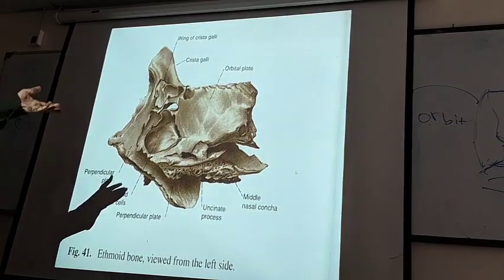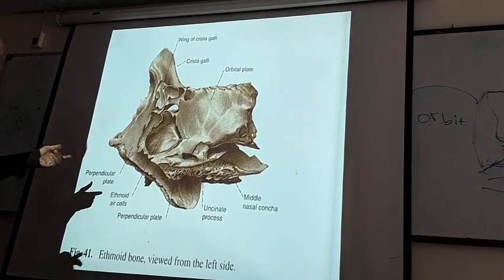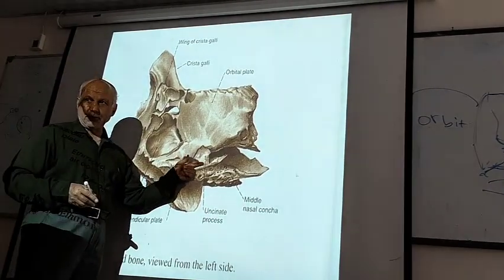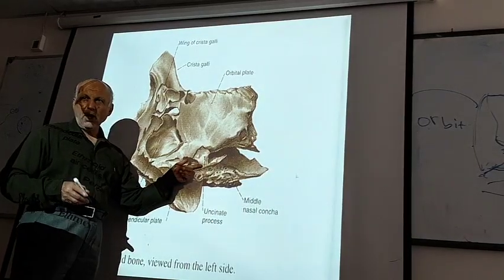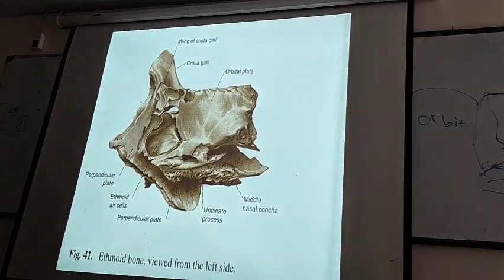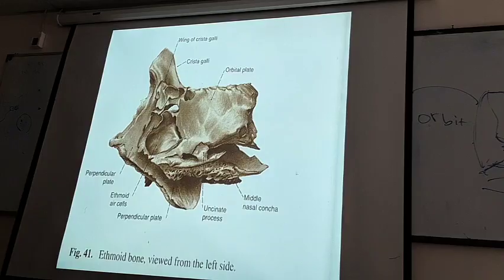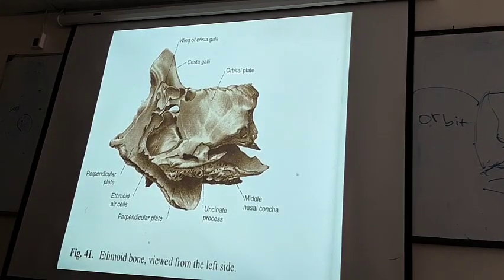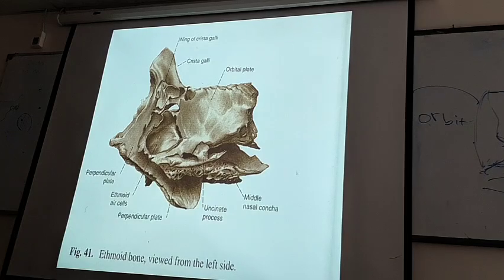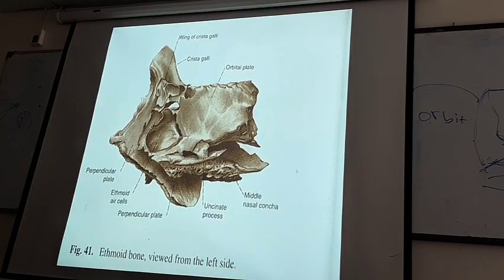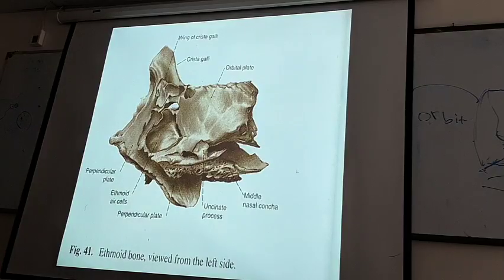Here we don't have any inferior nasal concha and it is not articulated now. Thus, the uncinate process is a process from the orbital plate of the ethmoid that comes to the nose and articulates with the inferior nasal concha.